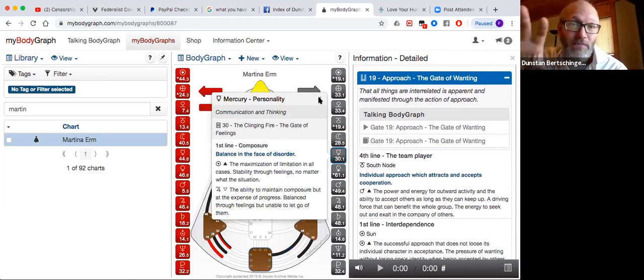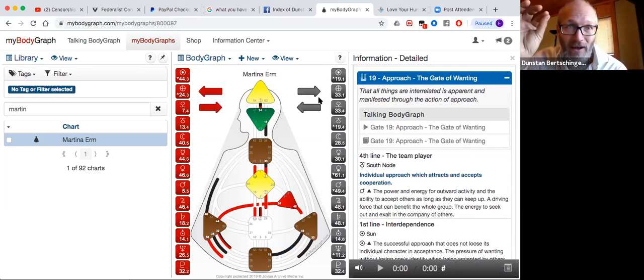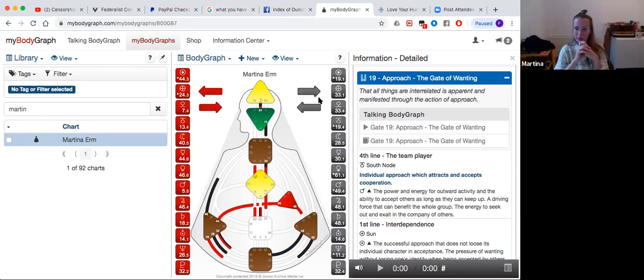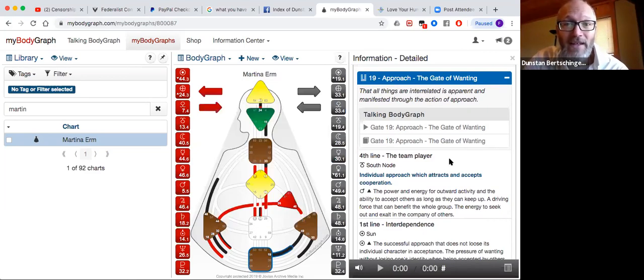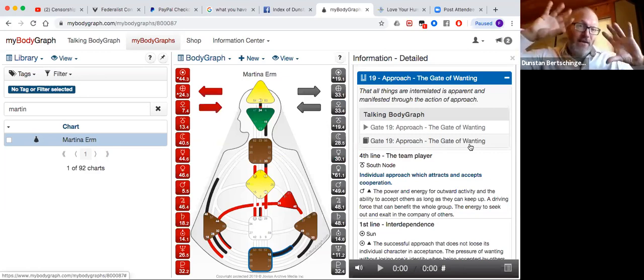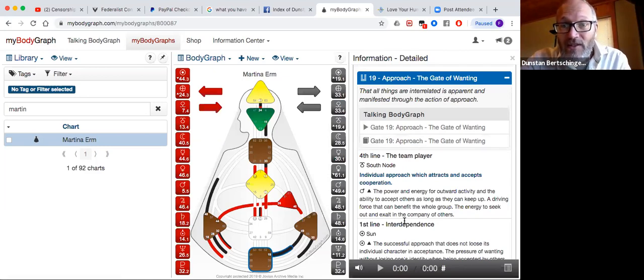On this software, it's giving us the keynotes going into a little more detail for 4th line and for 1st line. So the 4th line in the south node. 4th line is the team player. It's an individual approach which attracts and accepts cooperation. If we put that together with this picture of you being this powerful, creative person, there is a similar energy of attracting people in to be a team player, to accept the cooperation.